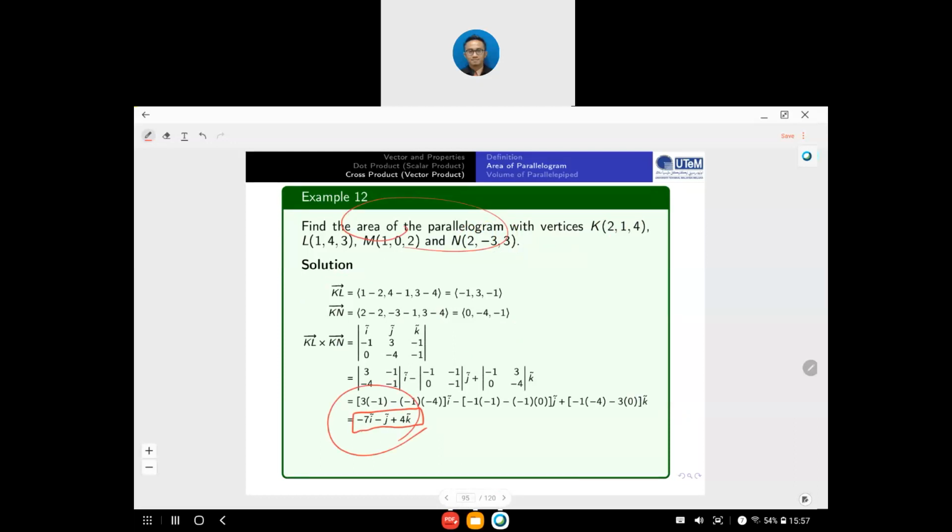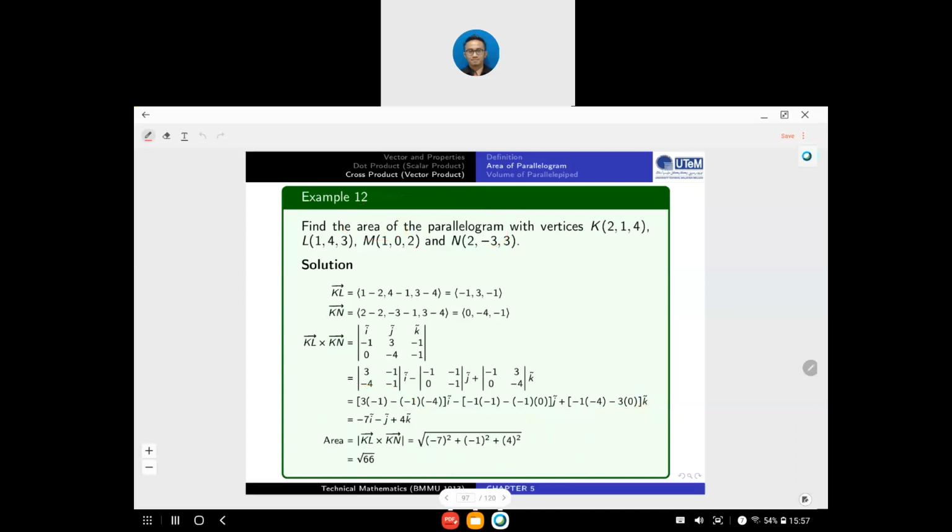We know that it is the square root of negative 7 squared plus negative 1 squared plus 4 squared. So you can get the square root of 66 as the area of the parallelogram. Any problems?